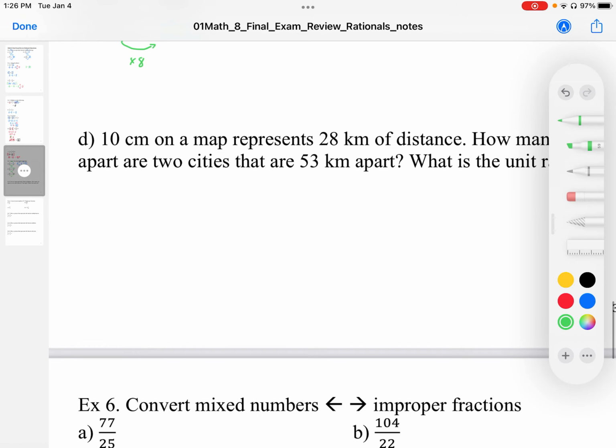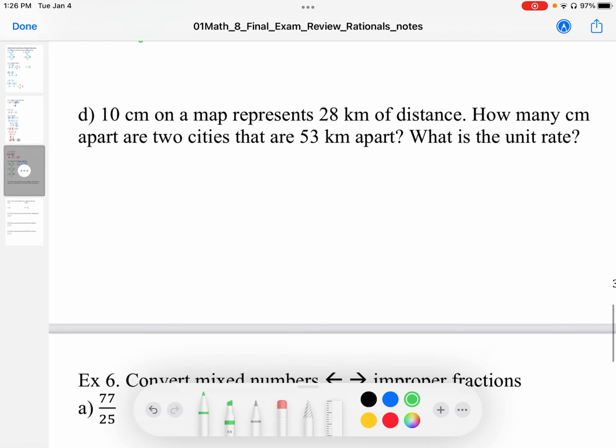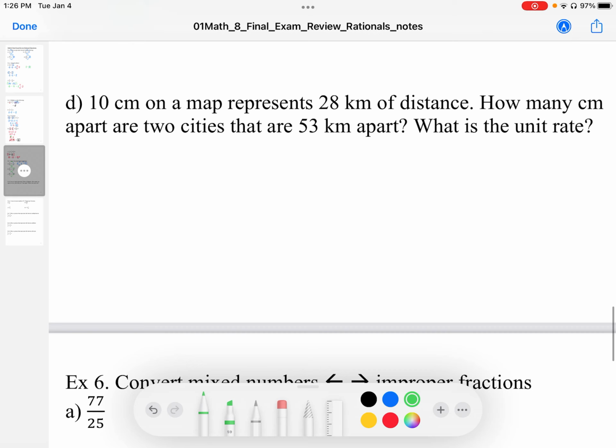So when we do these math problems, we can do a proportion to solve them as well. We have a ratio of 10 centimeters on a map equals 28 kilometers of distance. So I'm going to write this as 10 centimeters of map compared as a proportion to 28 kilometers of real distance.